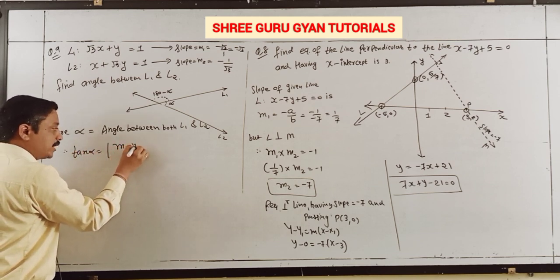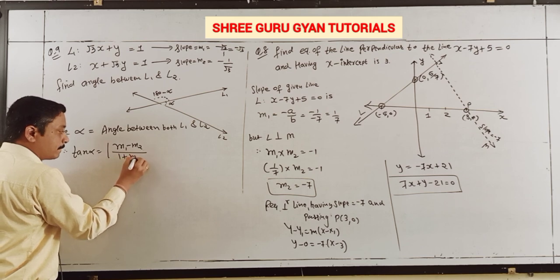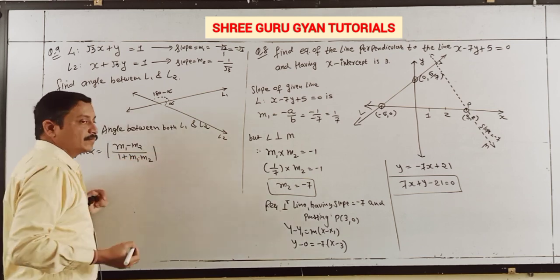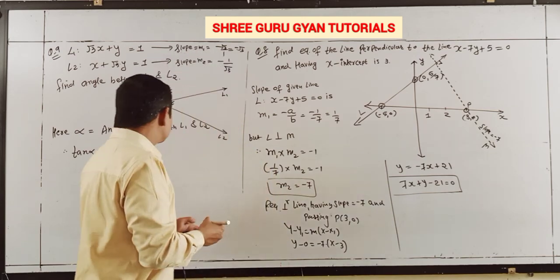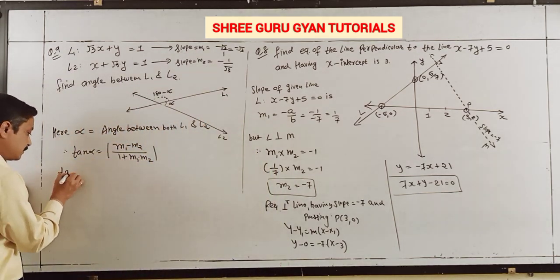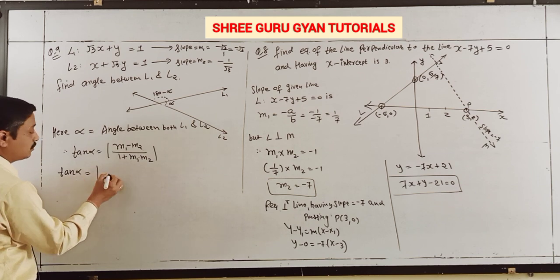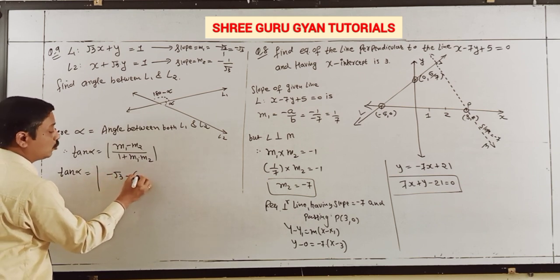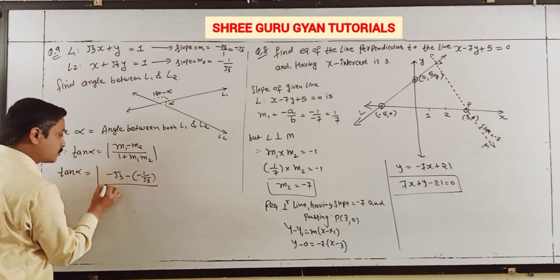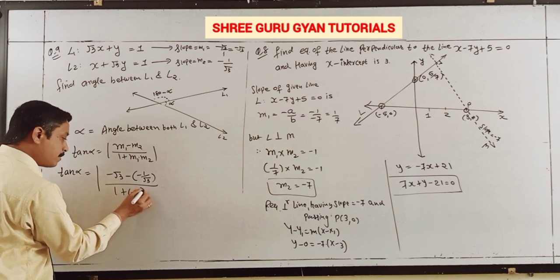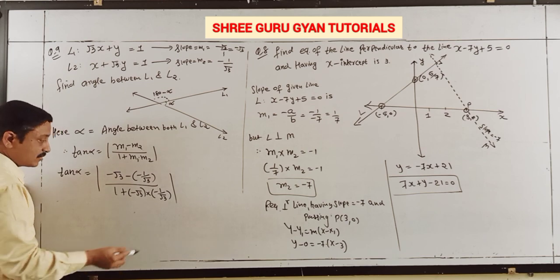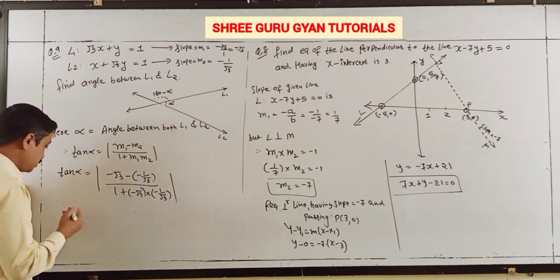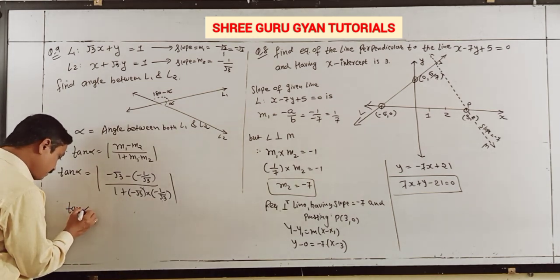So your formula is tan alpha equals m1 minus m2 by 1 plus m1 m2, and apply both slopes respectively. Here m1 is minus root 3, m2 becomes minus 1 by root 3. Same: minus root 3 minus, minus 1 by root 3, and this cancels, you have only tan alpha.